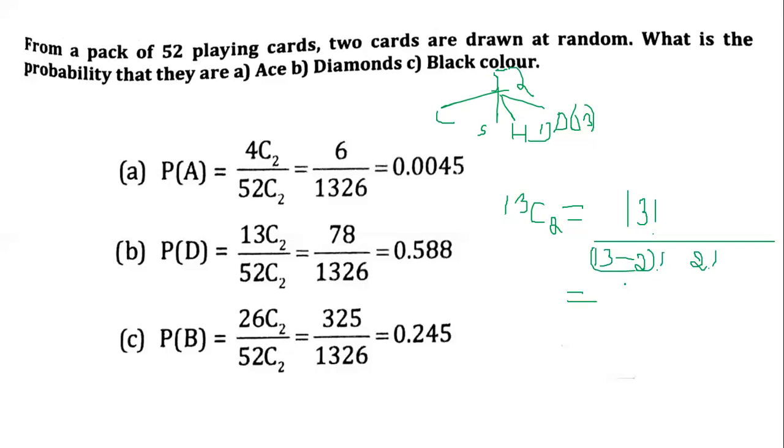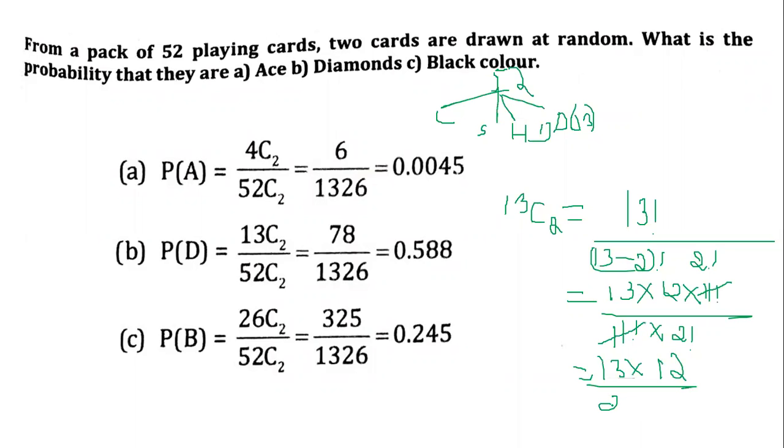So 13 factorial, you can write as 13 into 12 into 11 factorial divided by 11 factorial into 2 factorial. So 11 factorial, you can cancel. So 13 into 12 divided by 2 into 1. Now if you simplify this, you will get 78 as the answer.